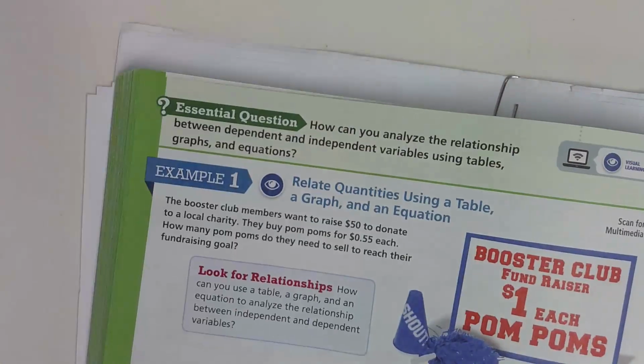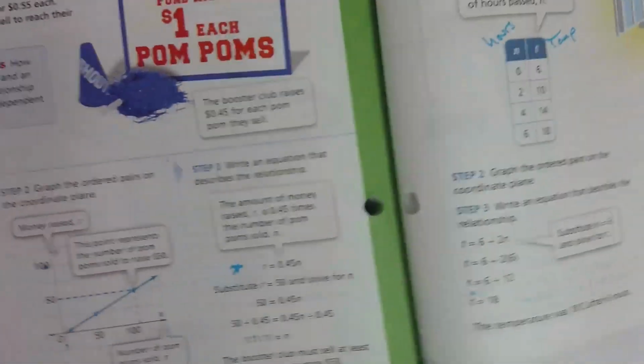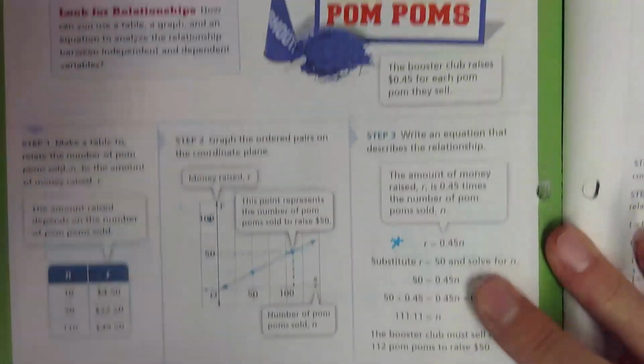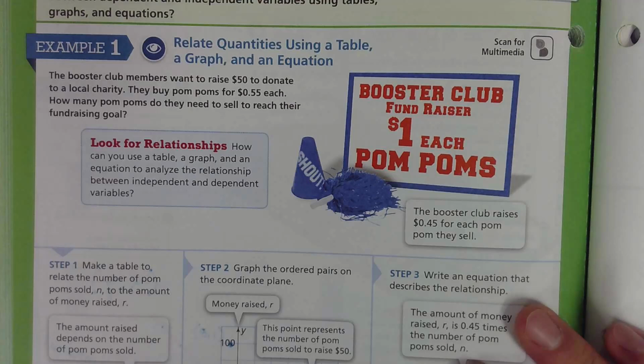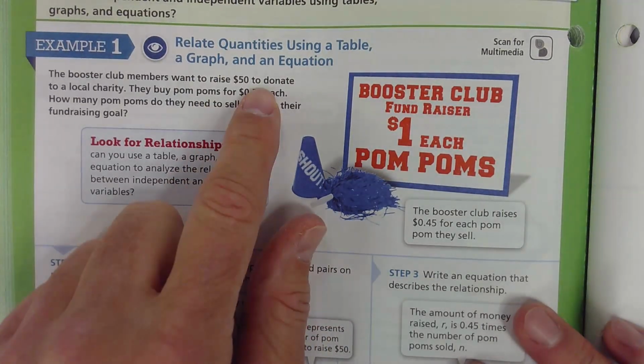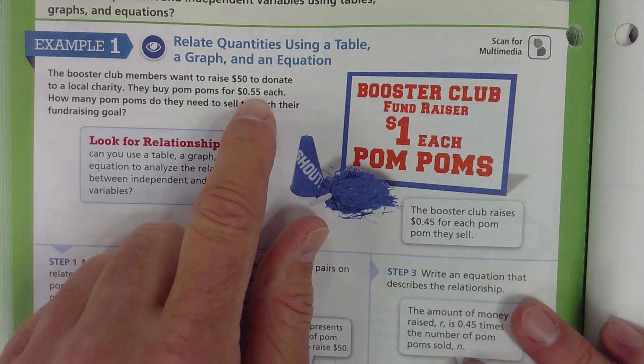All right, next page. Okay, example 1. So Booster Club is raising some money here, and they want to raise $50 to donate to a local charity. They buy pom-poms for 55 cents each.